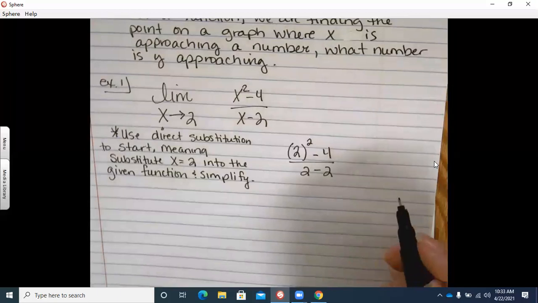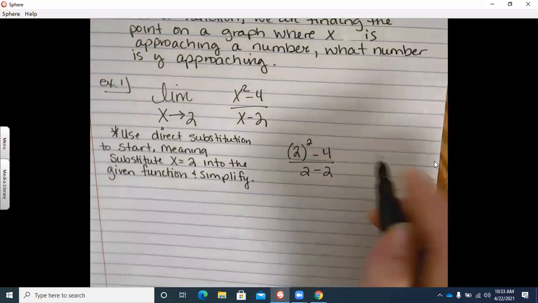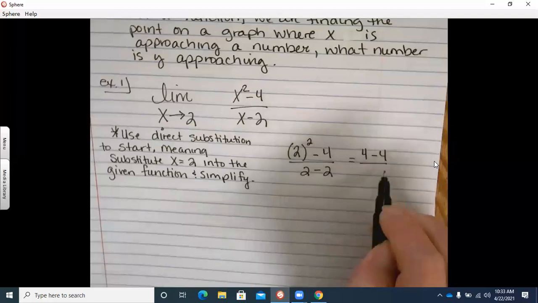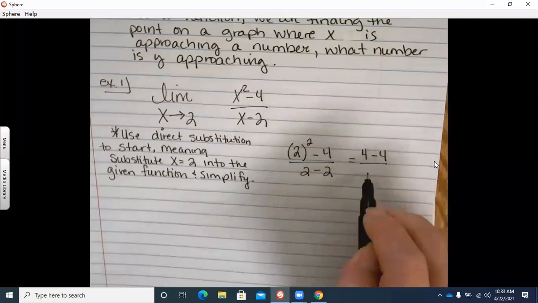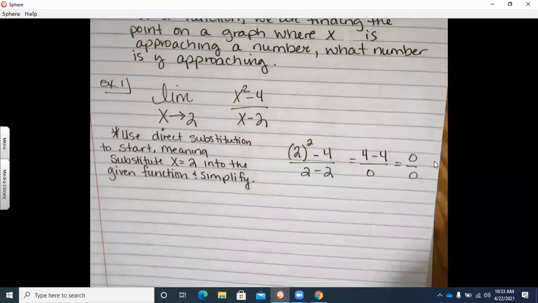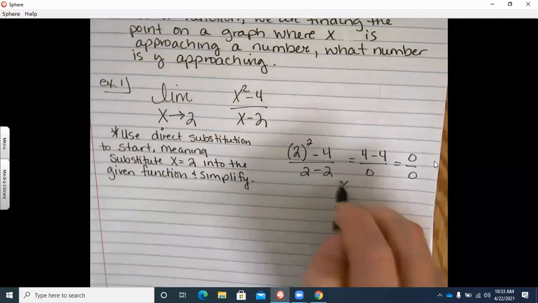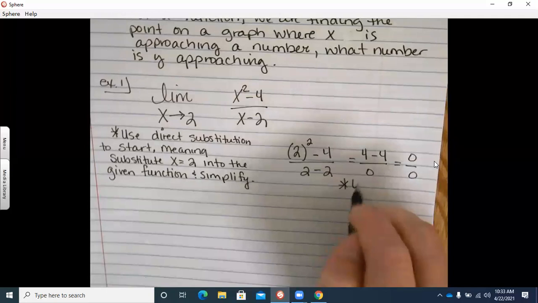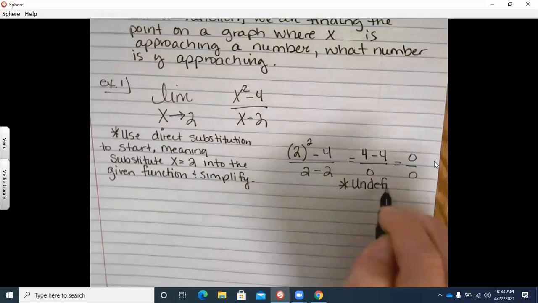So 2 squared is 4, minus 4, over 2 minus 2 is 0. Well, 4 minus 4 is 0, over 0. Isn't that undefined? Okay, then this method's not going to work on this example. Okay?